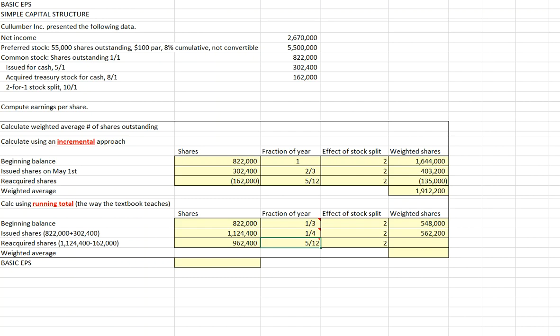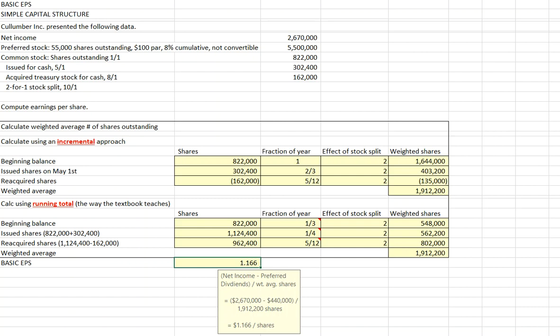They were outstanding again for 5 months or 5/12 of the year. So we'll take our 962,400, multiply it by 5/12, and multiply it by 2 for our 2-for-1 stock split. That gives us the exact same 1,912,200 shares outstanding.